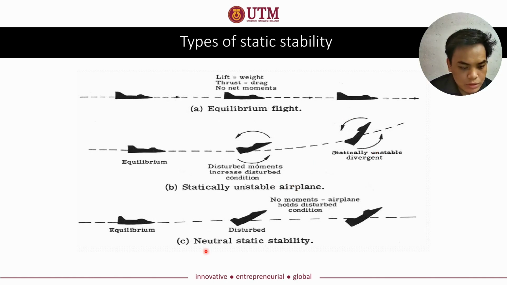The third one is neutral static stability, where when it's disturbed it cannot go back as well, but it stays at this position. So this is also not good. We need to find the static stability for our aircraft.